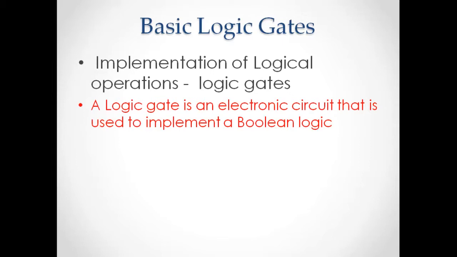So a logic gate can be defined as an electronic circuit that is used to implement a Boolean logic. NOT gate, AND gate, and OR gate are the basic logic gates.